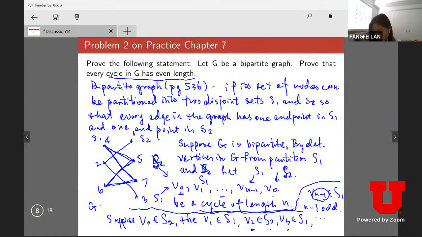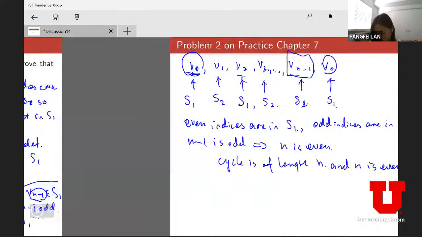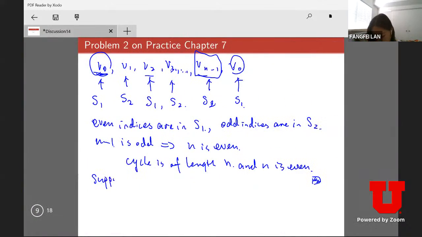So we have, let this be a cycle of length n, right? So suppose V0 is in S2. Then V1 has to be in S1. V2 is in S2.